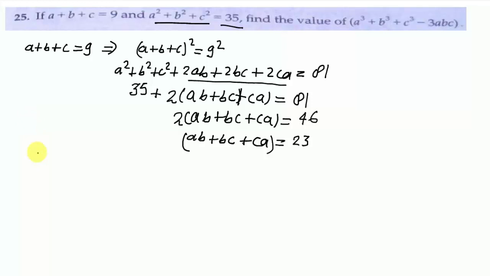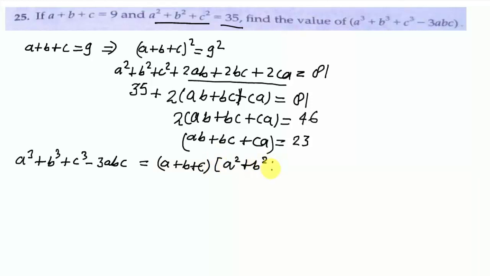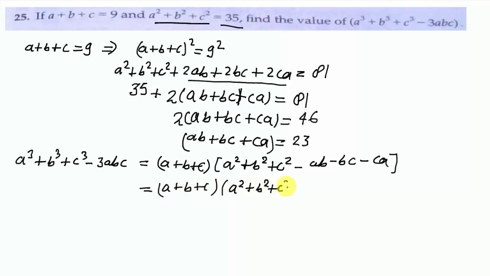And we know a cube plus b cube plus c cube minus 3abc is equal to (a plus b plus c) into (a square plus b square plus c square minus ab minus bc minus ca), and taking negative common in these three terms, so minus (ab plus bc plus ca).